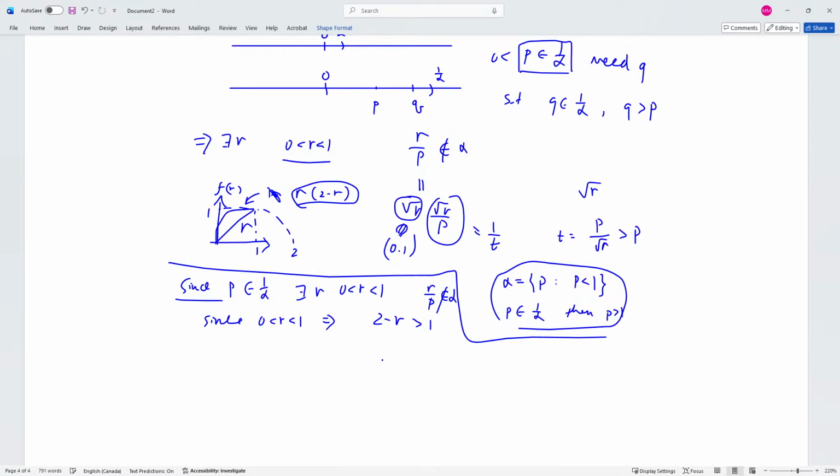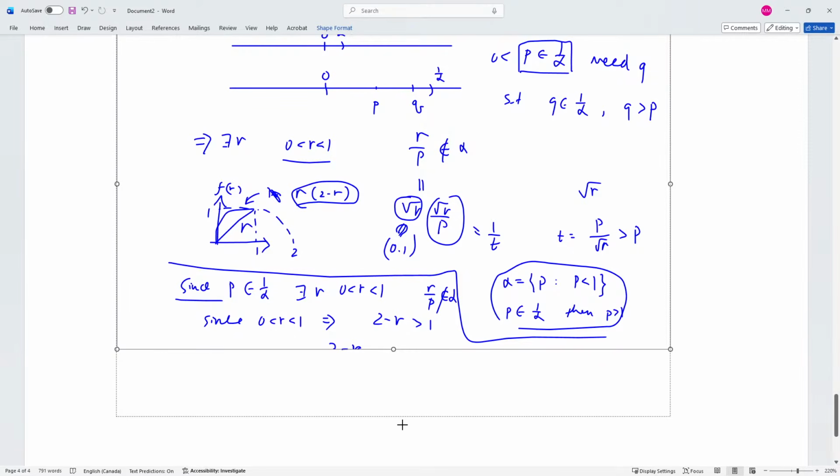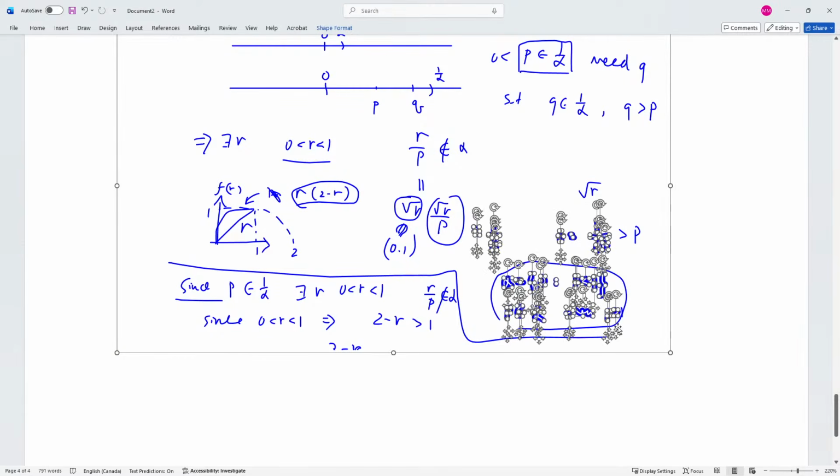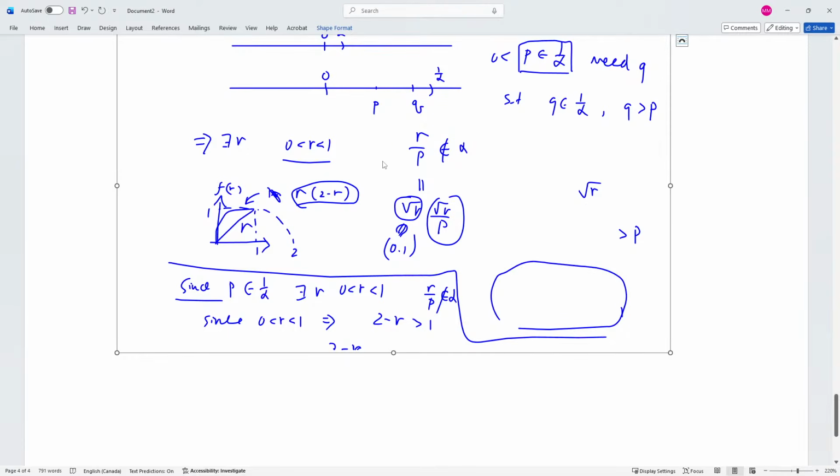That's my cat. So the trick is to use 2 minus r.